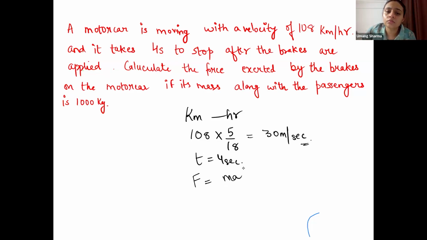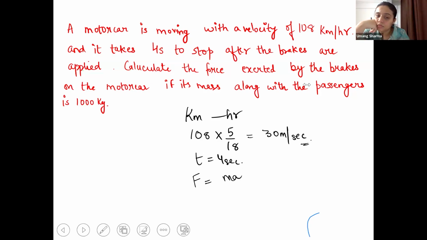How 30? 5 into 5, 25. Can anyone correct Abhay in the chat box? Abhay is saying why 30? Shouldn't it be 25? Okay, Dhanishri, thank you for the explanation.